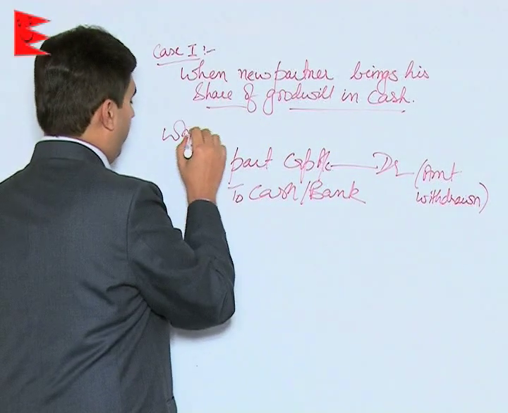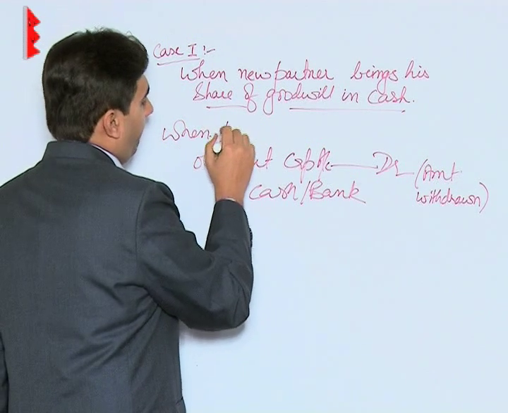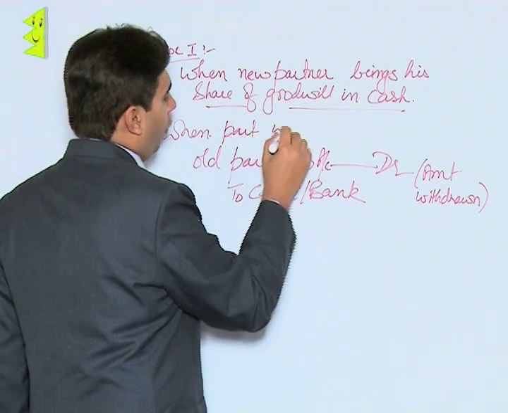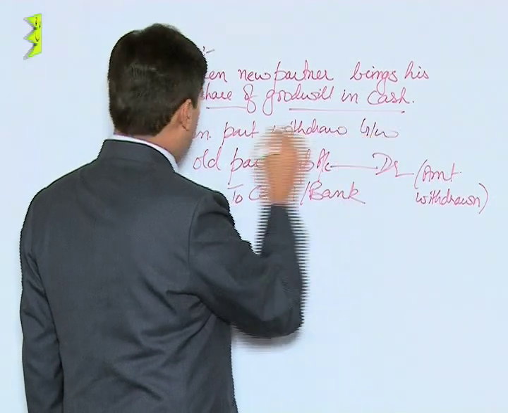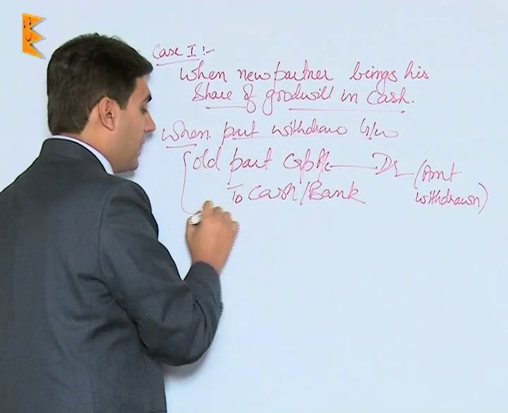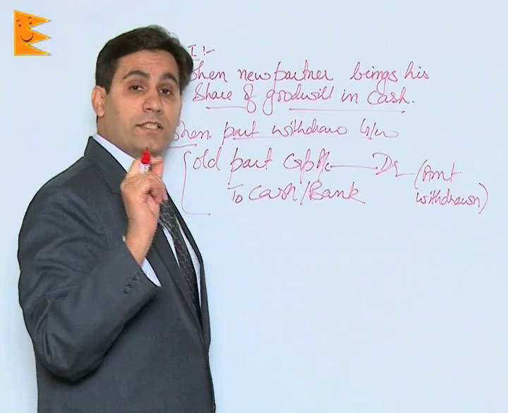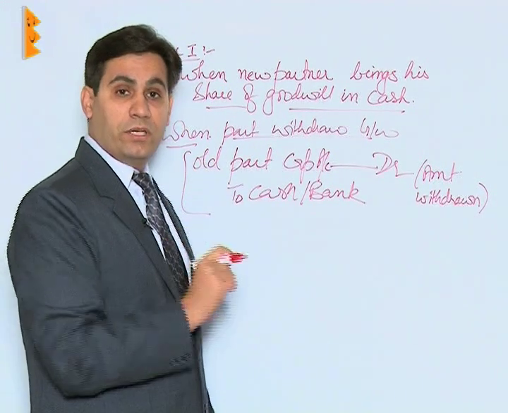This is when partners withdraw goodwill. Remember students, it is not to be passed in every case. It is to be done only when it is mentioned in the question.